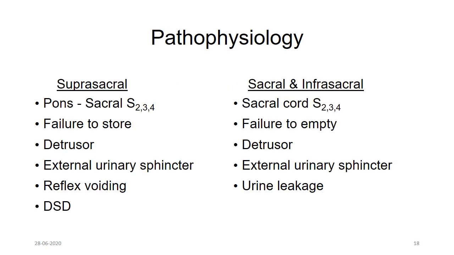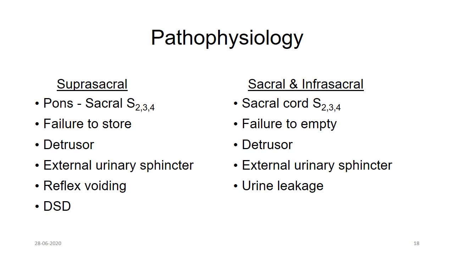Now we can look back at a slide we have discussed in the pathophysiology section. After the neurological diagnosis, we can classify the bladder dysfunctions into a UMN type bladder or a LMN type bladder, that is, a suprasacral bladder or a sacral or below level lesion bladder.